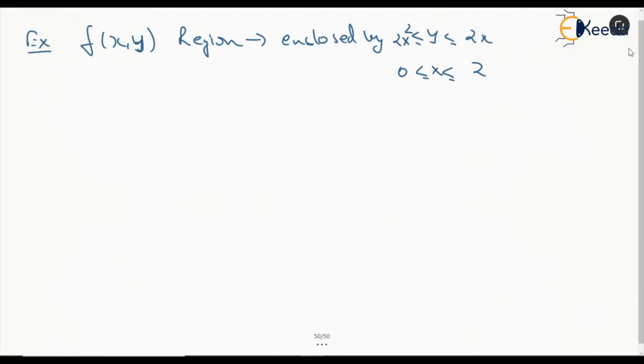So y has limits 2x square to 2x, and x has the interval 0 to 2. We have to find the region and check the limits for this.